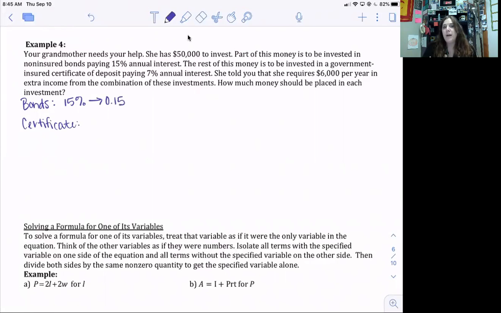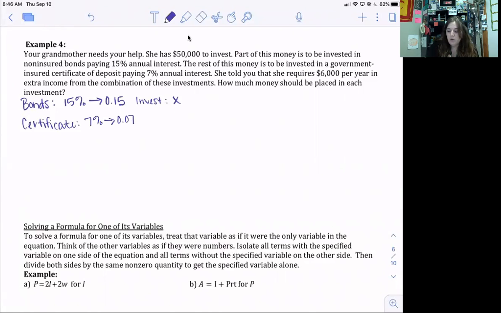But we don't know how much money is going into the bonds portion of her investment. So we're going to say that we're investing X dollars. Okay. For our certificate, we know we're at 7%. Which if we change that into a decimal, we have 0.07.